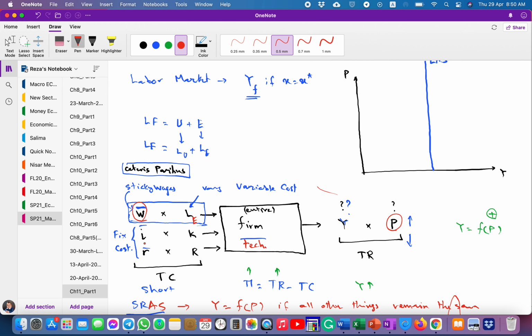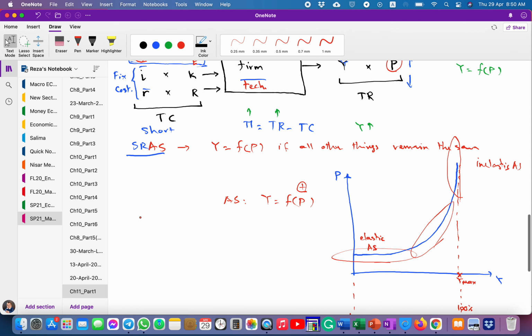That's very true, but we call that the long run aggregate supply. If the wages get adjusted with the changes of the prices, we would say that some of the ceteris paribus things have changed. So if the wages change, it's going to be a shift in the short run aggregate supply, and we're going to demonstrate that.